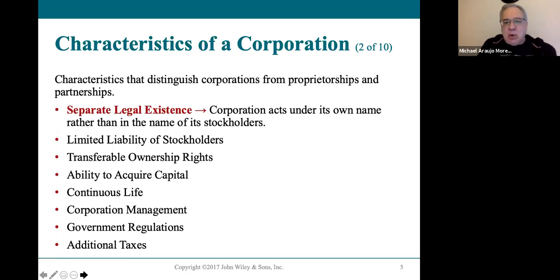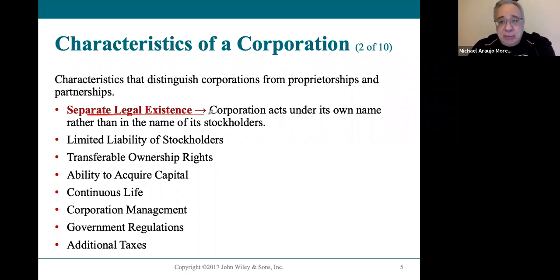Number one, because it's a corporation, you have to apply to become a corporation. Once the state approves that, the corporation itself becomes a separate legal entity under the law. That's not true of a sole proprietor or partnership, where there's no difference between Mike Arujo, the person, and Mike Arujo, the business, under the law.